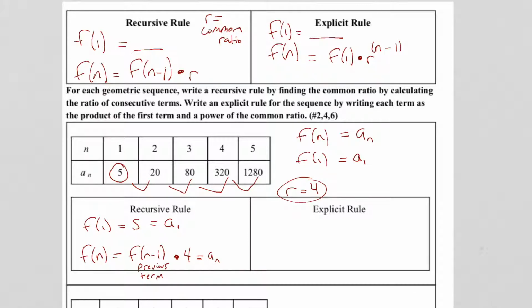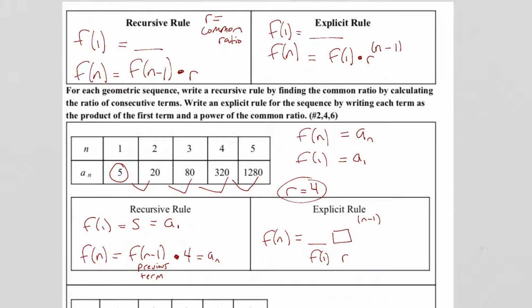Now for the explicit rule for this same sequence, f of n is equal to whatever f of 1 is, and all that times r. We have to know what r is. So here goes, right here goes f of 1, right here goes r, and the rest is n minus 1.